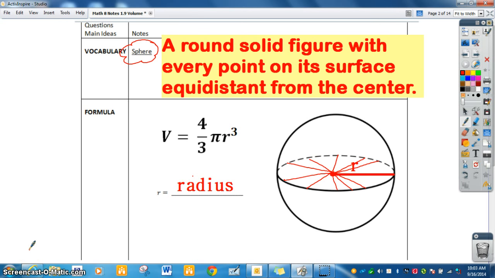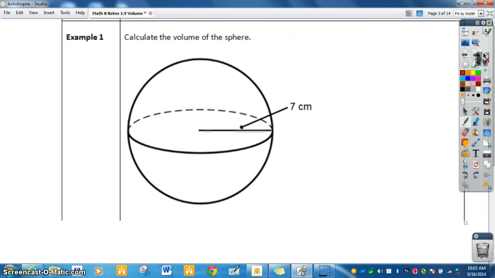All right, let's practice. Calculate the volume of the sphere. A couple examples of a sphere that you see in school are a basketball and a globe. Those are pretty common ones that we see.